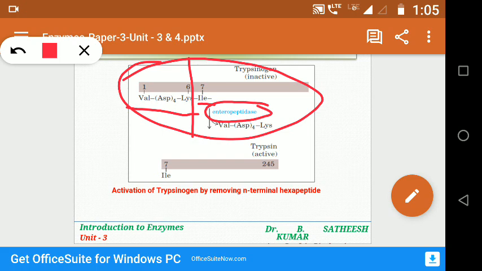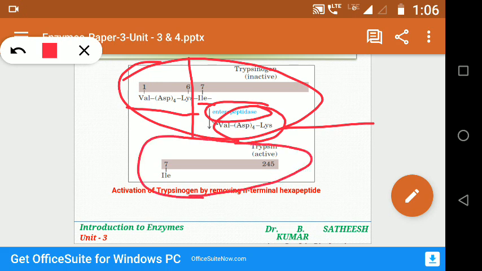So now what happens? This six amino acid sequence, the hexapeptide, is removed from the trypsinogen. Now residues 7 to 245 are known as the active trypsin. Once the trypsinogen becomes active trypsin, it will be in active form.